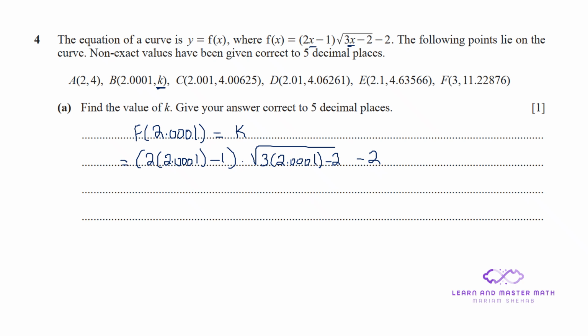If you do this on the calculator, you will get approximately 4.00063, correct to 5 decimal places.